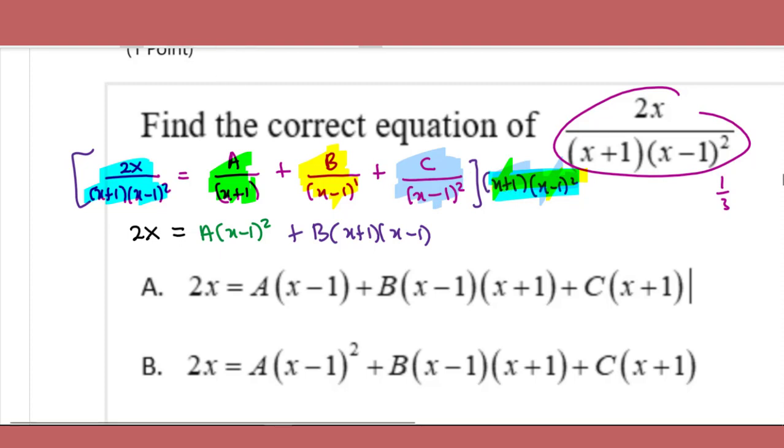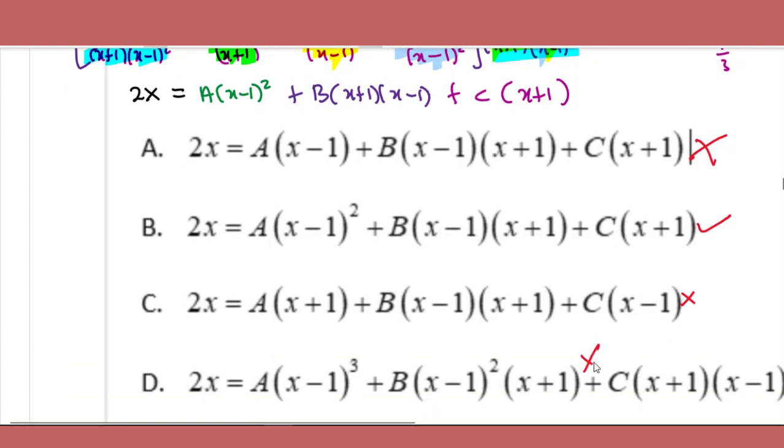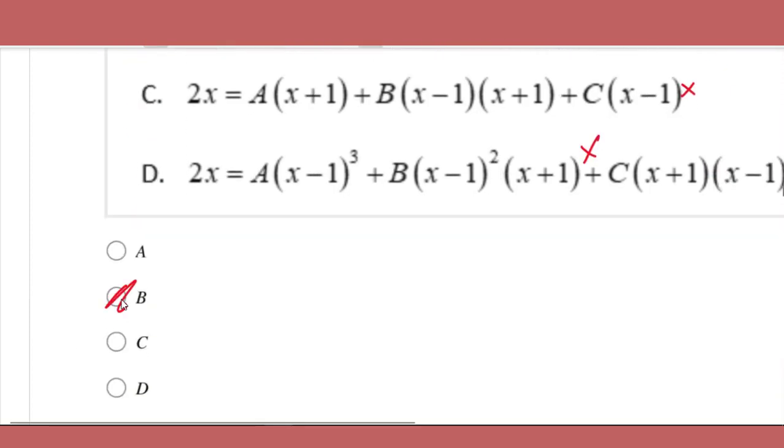So plus C times x plus 1, and compare the answers. This is not A squared, not the answer. A squared, B looks like this one, B. Let's see, C is cancel. This one, A cubed, cancel. The answer is this one, B. The answer is B. Okay.